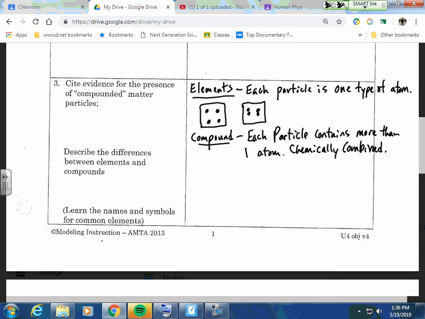If we look at compounds, we'd see something like this maybe, like we had earlier. If I look at that particle, that one piece has two different types of atoms. There are some black atoms and there's a white atom. So it's not just one piece. And of course, if you do any particle models, make sure you don't just do one particle. Do more than one particle on those.